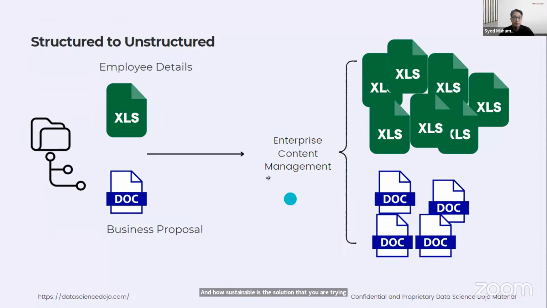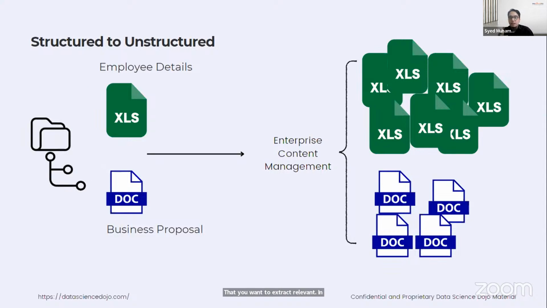Even in the enterprise content management solution, you might not be able to find relevant files when you perform a keyword search using it. So that's where the importance of having a custom search solution comes in, so that you can extract relevant information.